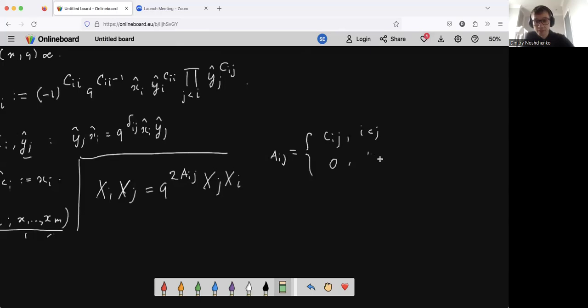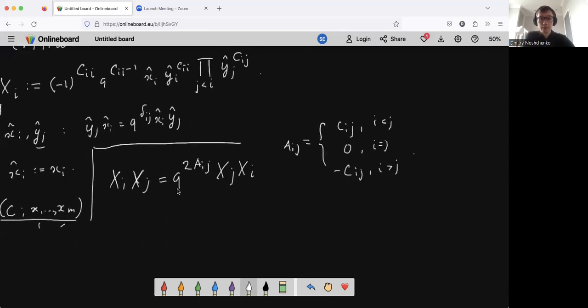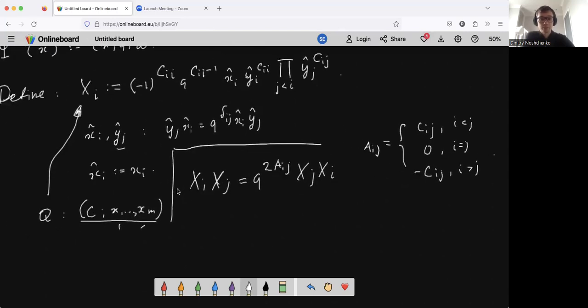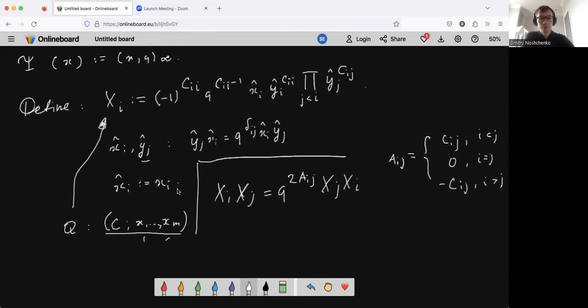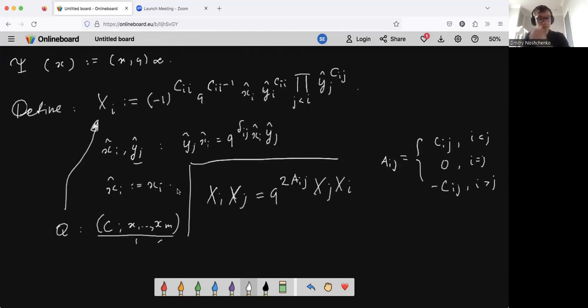Sorry, I did something stupid here. That's minus cij. Should be like that. So we have a quiver, we have chosen the ordering of the nodes, and one can define a family of non-commuting operators, which depend on the quiver via the matrix entries here.